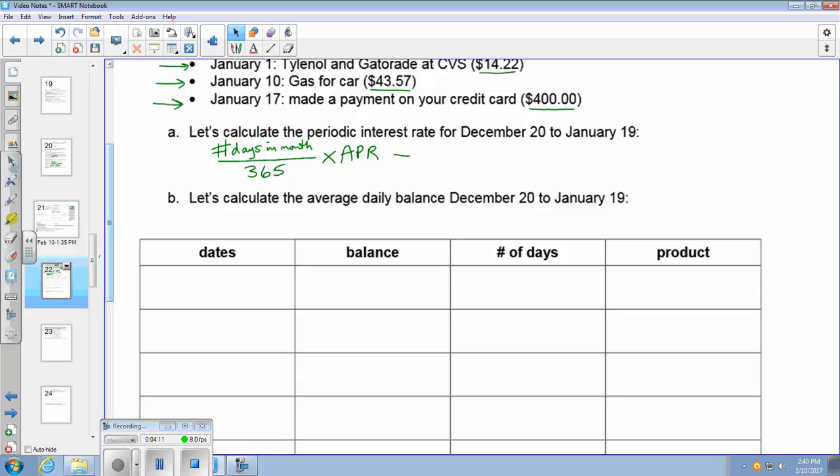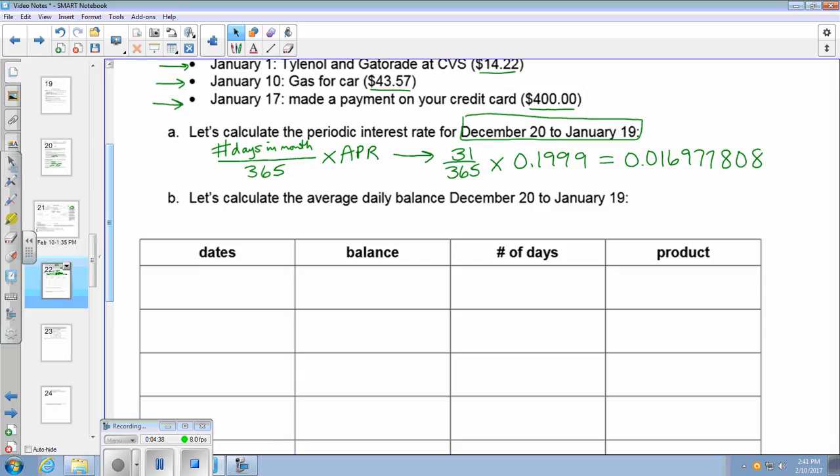All right, so in this case, you can count or double check, but between December 20th and January 19th, counting those 2 days, that's 31 days altogether. So that gives us 31 out of 365 days times our interest rate in decimal form. And that is a periodic interest rate, 0.016977. And I'm going to carry as many digits here as I can.